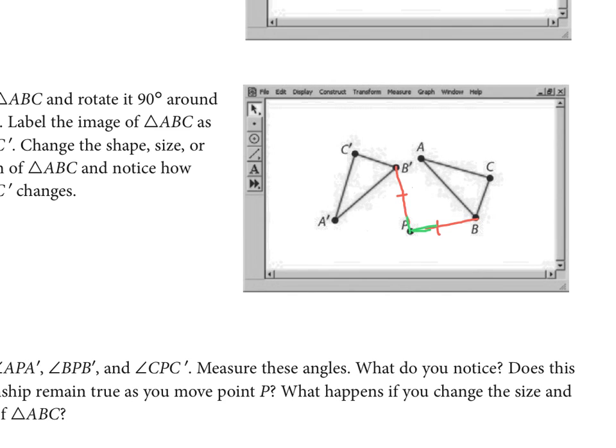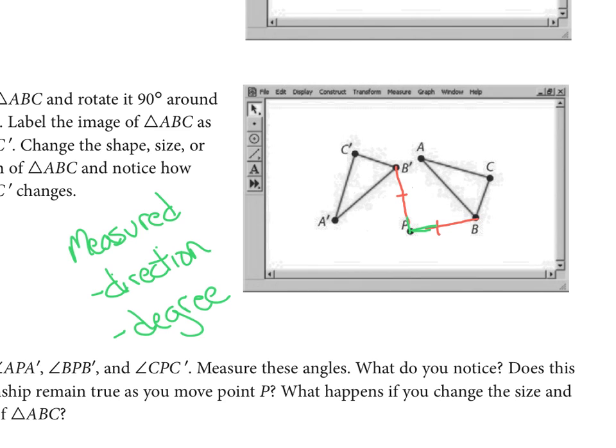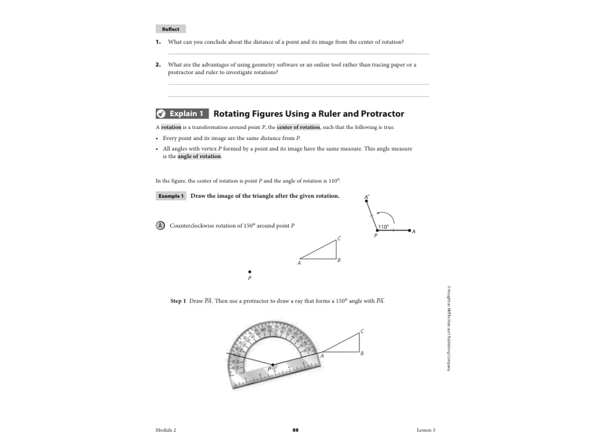Remember that rotations are measured in two ways. They're measured by direction, which would be clockwise or counterclockwise, and they're measured in degrees. Okay, the degree of the rotation. Now, on the next page, you can see your vocabulary.